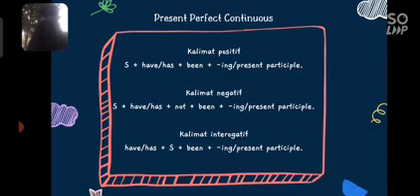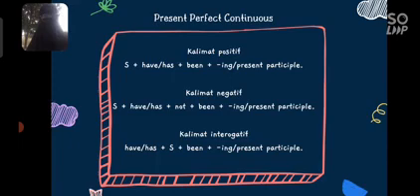For negative tense, you can use subject plus have or has plus not plus been plus verb ing or present participle. For interrogative tense, first you can use have or has, after that the subject, plus you can add been plus verb ing or present participle.